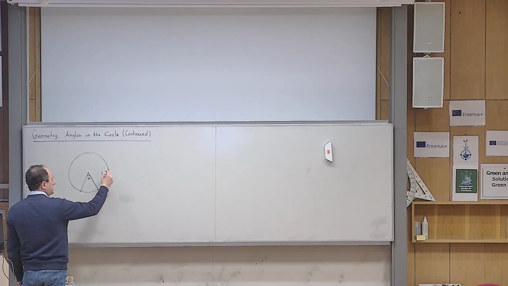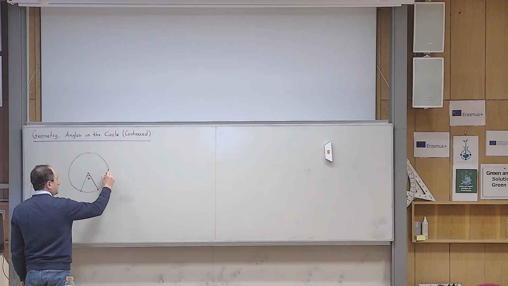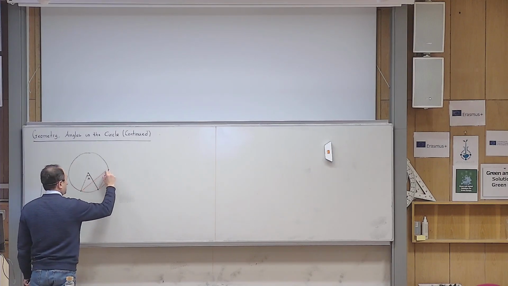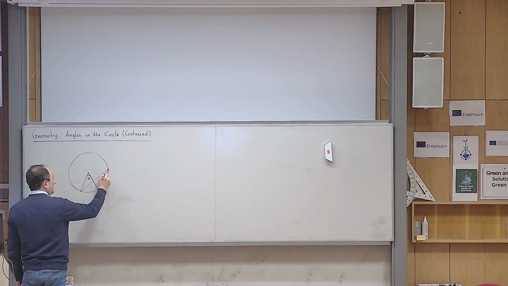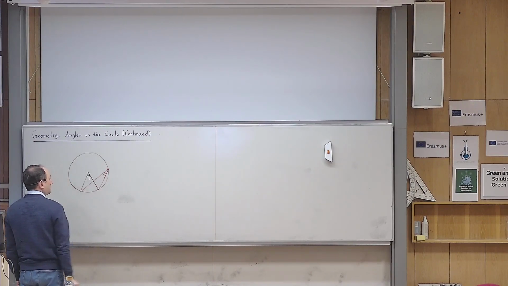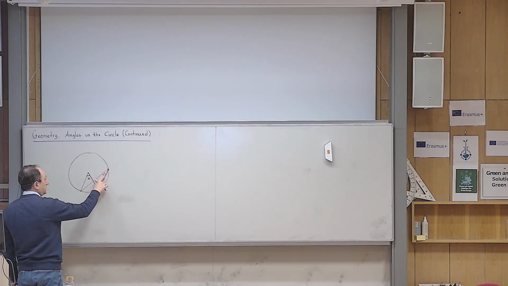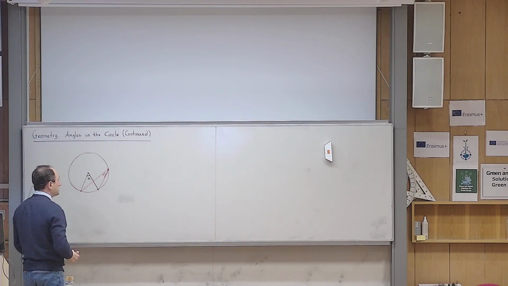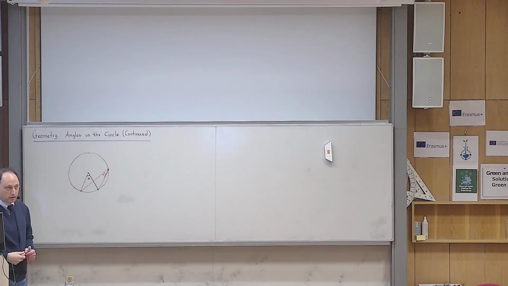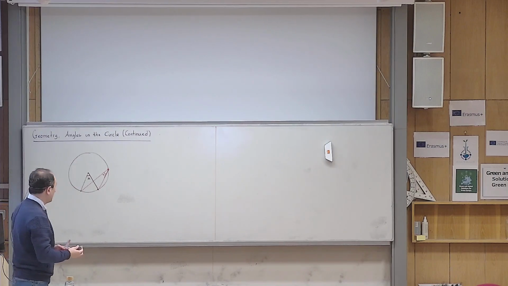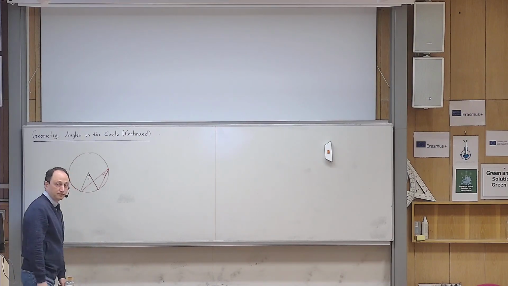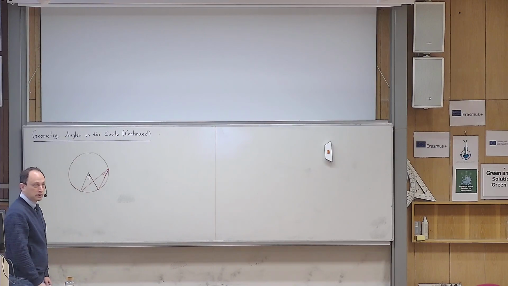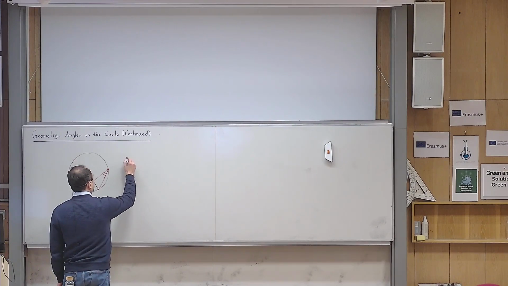If this also subtends the same arc, and I call it y, we learned that there is a very nice relation between the size of x and the size of y. And what was that? Yes, x is 2 times y.